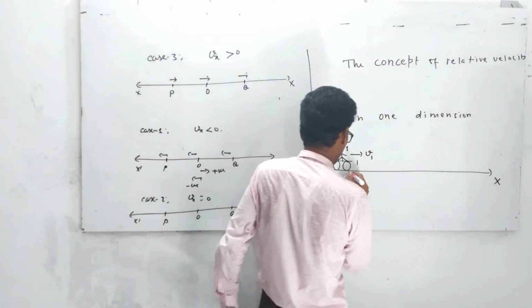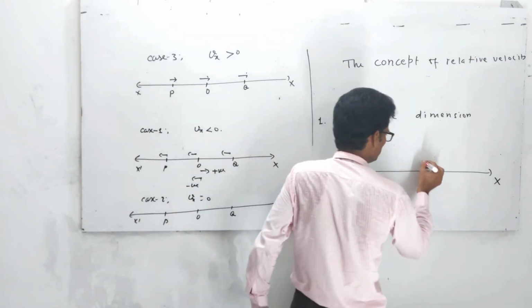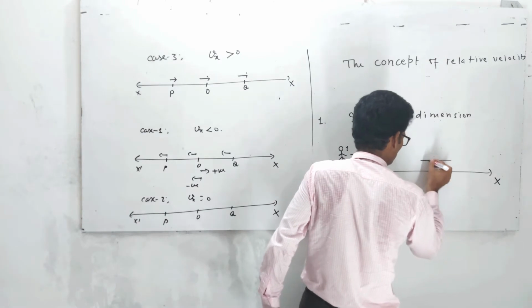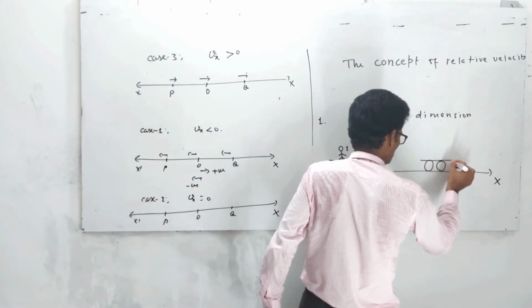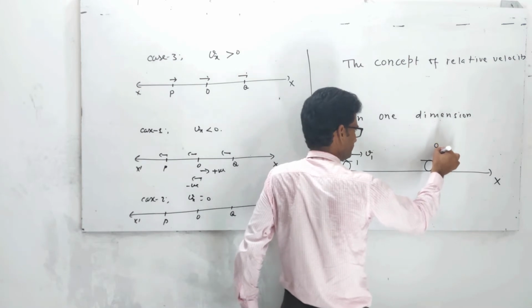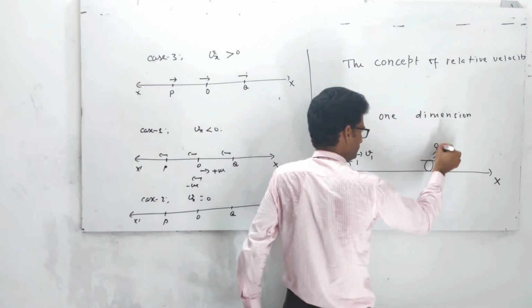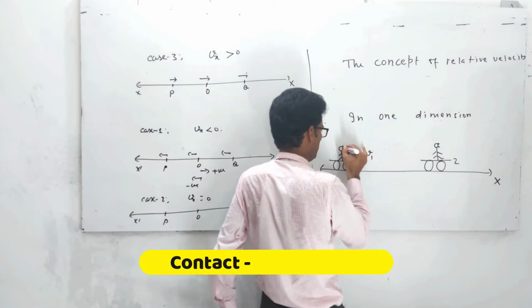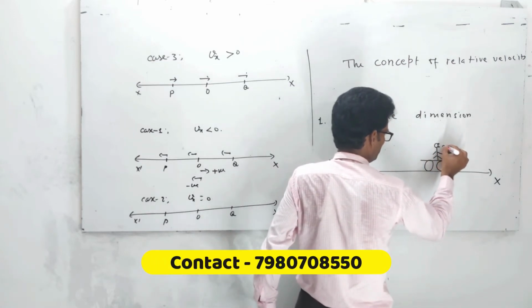Now at some separation, some distance apart, trolley 2 and a person, say person 2.